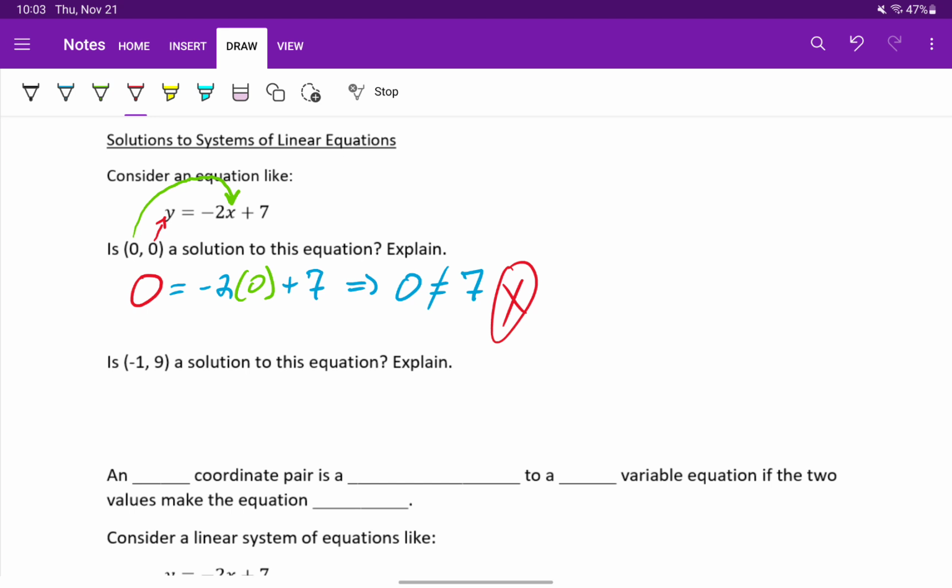Now we'll test the same thing, but with the coordinate pair negative 1, 9. We'll say that 9 is equal to negative 2 times our x value, which is negative 1, plus 7, which will give us 9 is equal to 2 plus 7, or 9, which checks out.